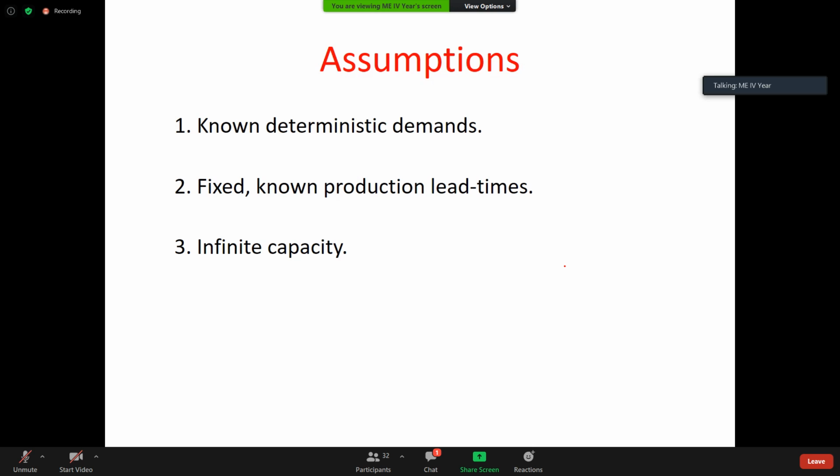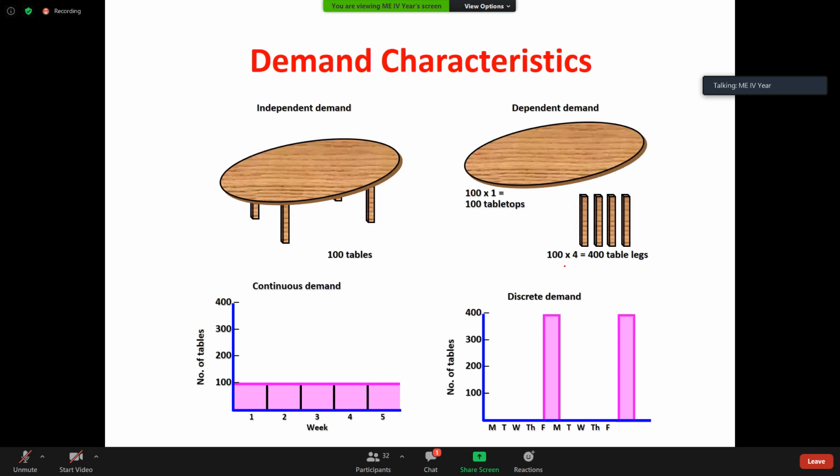So, for example, in the demand characteristics you can see there is independent demand and dependent demand. Independent demand means you are a carpenter and you have a regular customer.